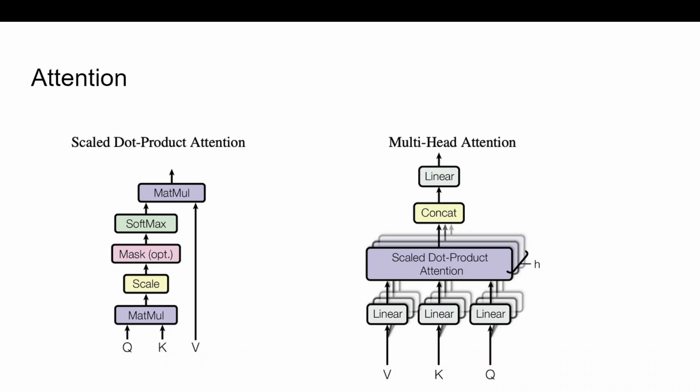And there's two types of attention that the AI has. One of them is called just regular attention, and the other is called multi-headed attention.